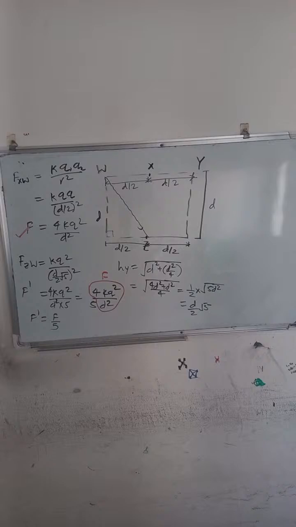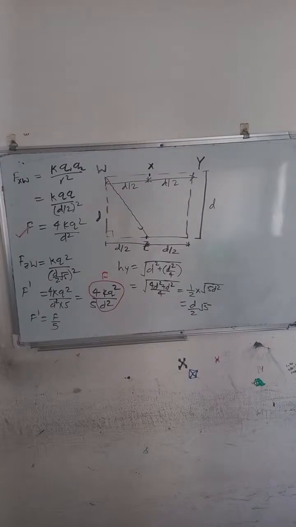Write down: an object has a charge of 1 coulomb and gains 5.0 into 10 raised to 18 electrons.